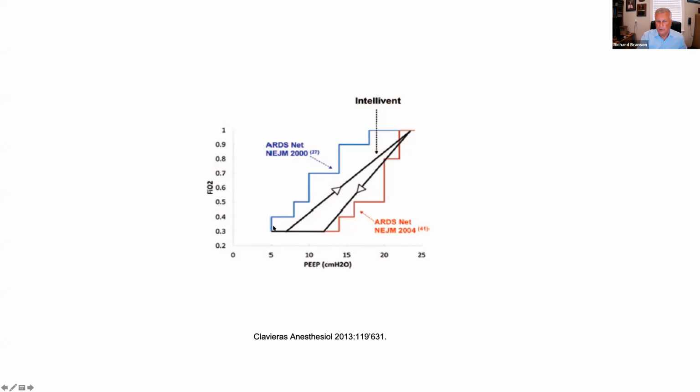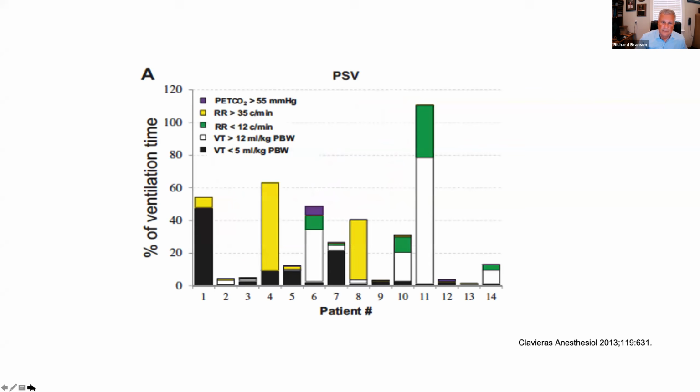We said, let's use the ARDSNet ARMA PEEP FiO2 table to go up, so the FiO2 tends to go up fast, and let's reduce the PEEP and FiO2 using ARDSNet low PEEP, which reduces it a little slower. That's the same thing Hamilton's done. So you end up with these stair-step increases, but as you look at it on the ventilator, it looks like a much smoother trial. So this just gives you an idea how this works.